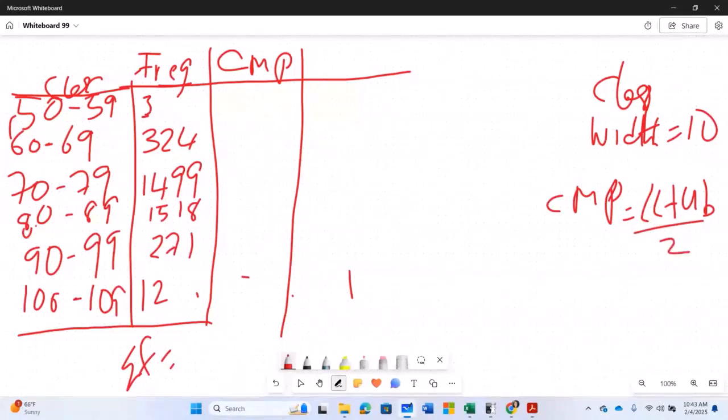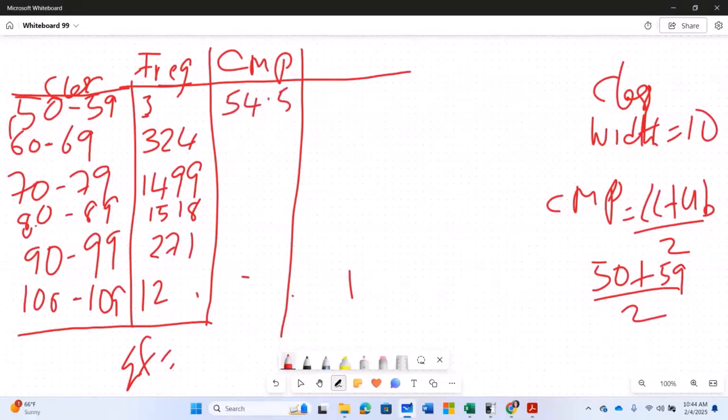For the first class, 50 lower limit plus 59 upper limit is 109, divided by 2 is 54.5.